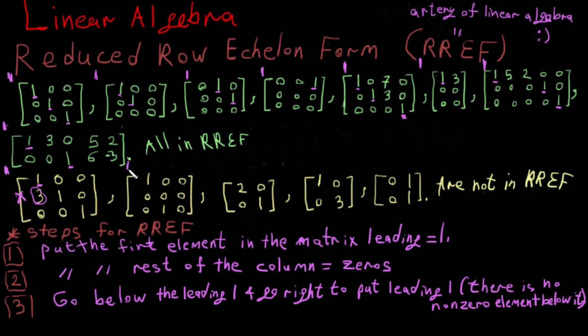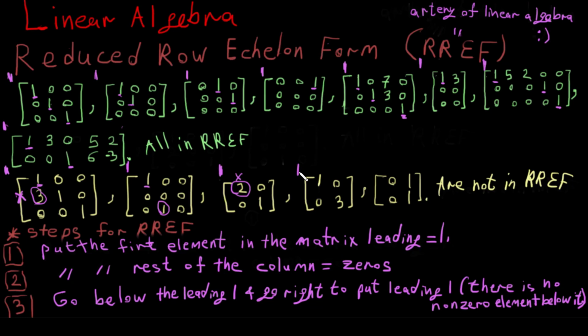The same thing: put 1 here, go below and keep going, but here there is a number, so it doesn't satisfy the condition that there is no non-zero element below it. The same thing here, but this one is not 1, that's why it's not in RREF.